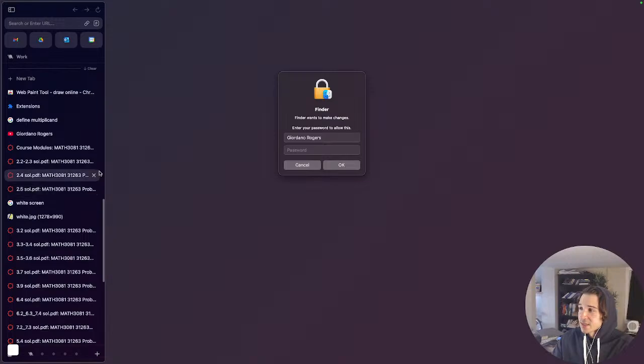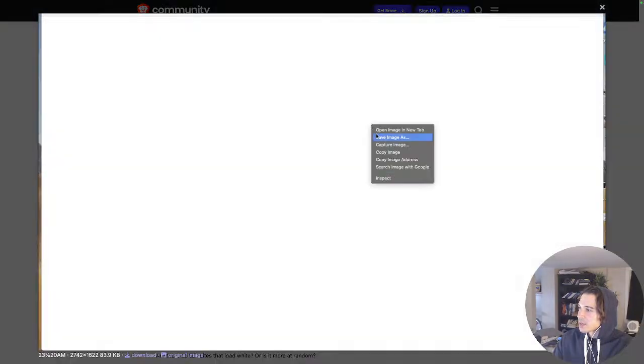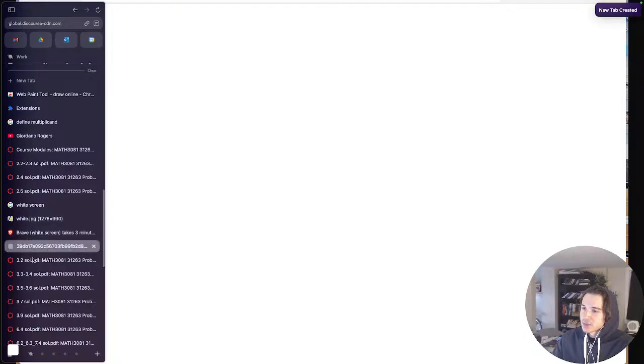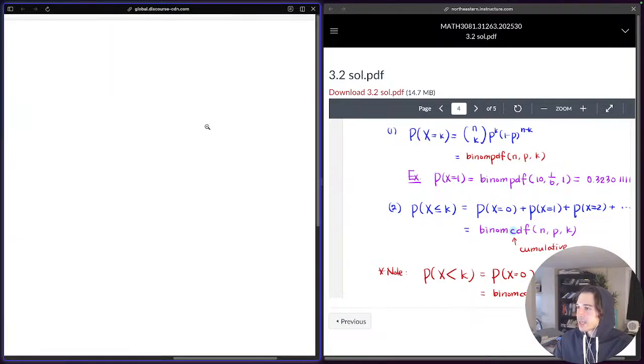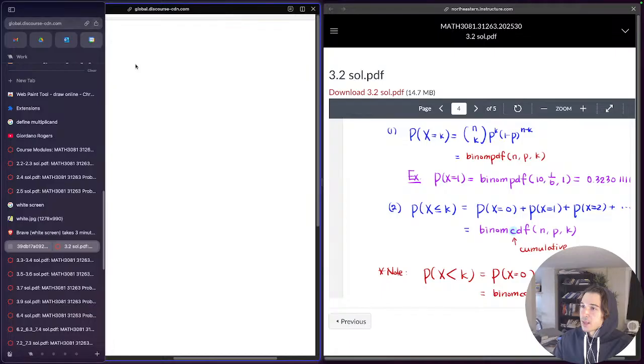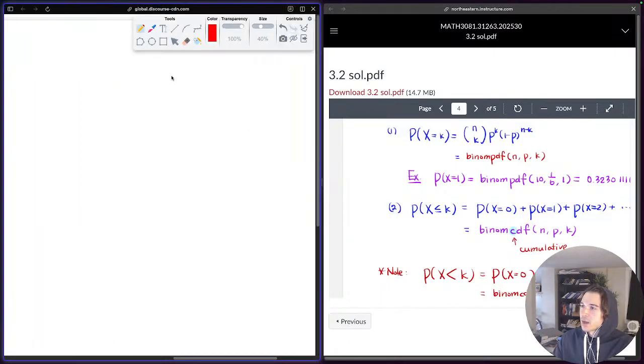I mean, if this would stay, don't make changes. What is happening? I'm getting a virus. Come on. Just open in a new tab. Cool. Amazing. This is all I need. Now I just do this. Amazing. Cool. Okay, so now I can come in here. I should be able to. And open up my web paint tool. Awesome, awesome, awesome. Cool, cool, cool.